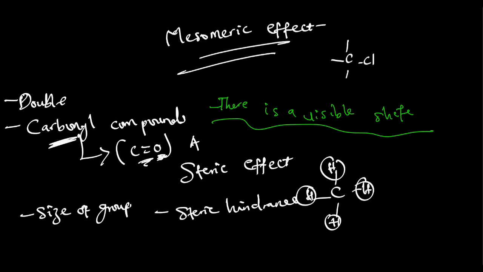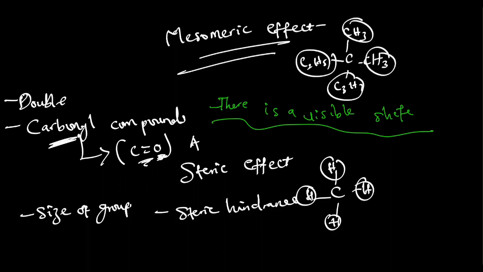Let's assume we have another compound: C, then CH, then CH3, then C2H5, then C3H7, then CH3. This is the bulky group. Can you imagine? So steric hindrance will have an effect here. As I move on, you'll understand more about the steric effect.